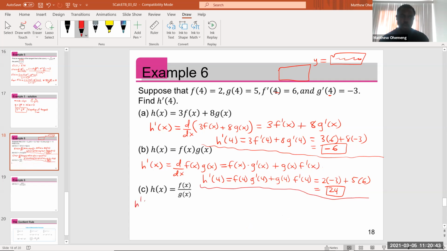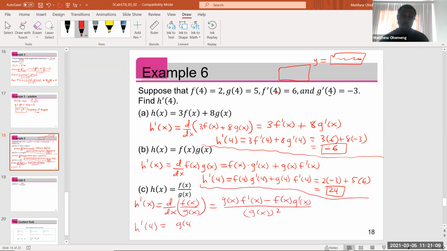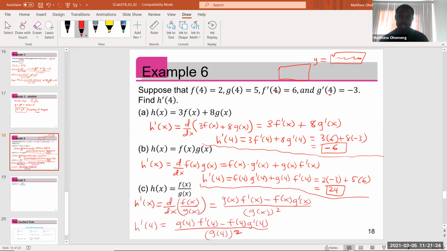As I was saying, h prime of x will just be d over dx of f of x over g of x, so that will just be low d high, minus high d low, over the square of what is below. So h prime of 4 is just going to be g of 4 times f prime of 4, minus f of 4 times g prime of 4, over g of 4 all squared.